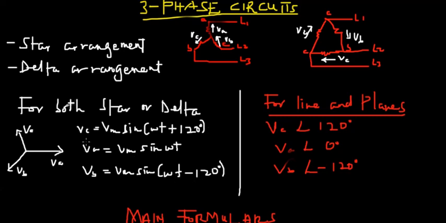So we have VC equal to Vm sine omega t plus 120. That's what C is. A doesn't have any angle, but B is at negative 120.